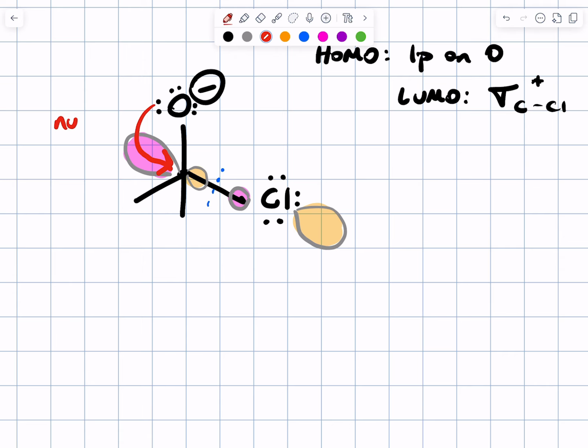The new bond we form here is no longer a sigma bond because the oxygen and the adjacent carbon were already in a bond. So the bond we form has to be a pi bond.